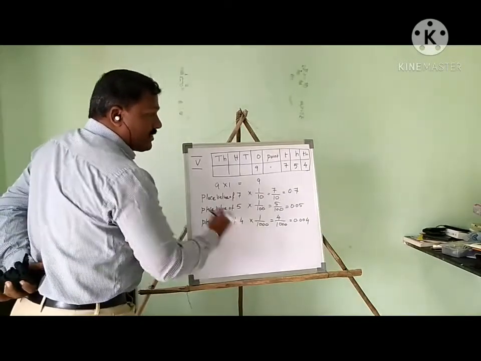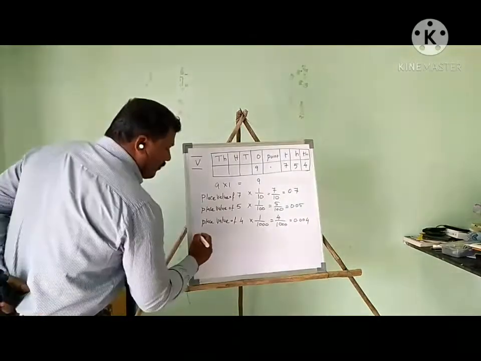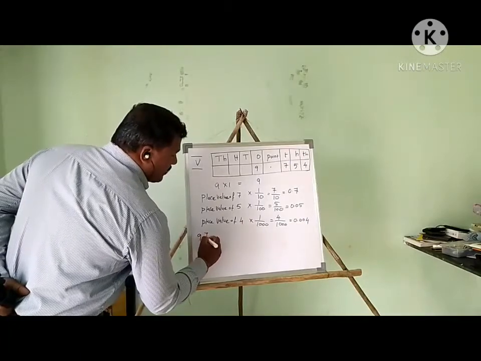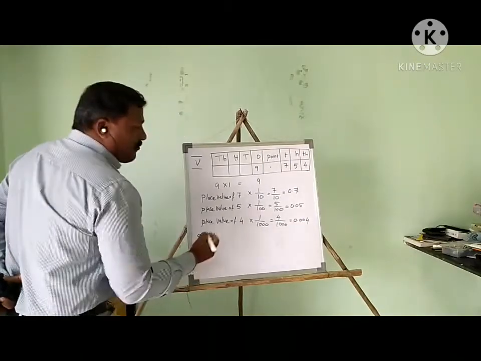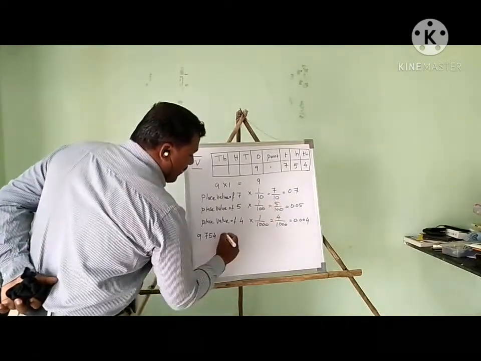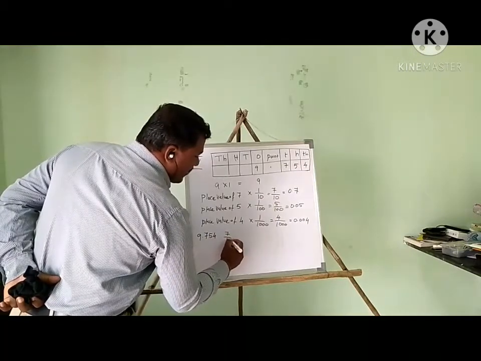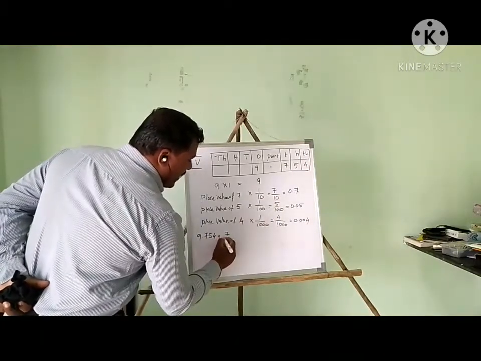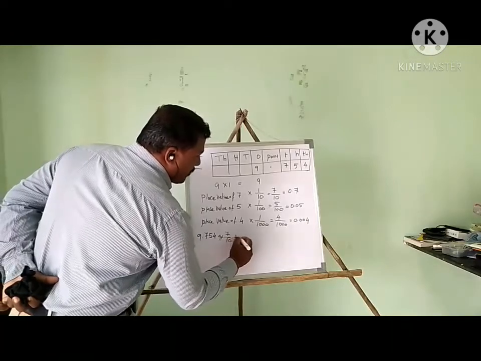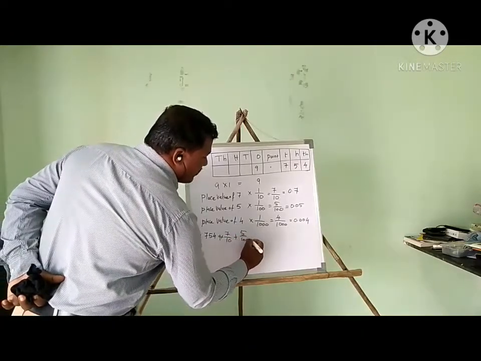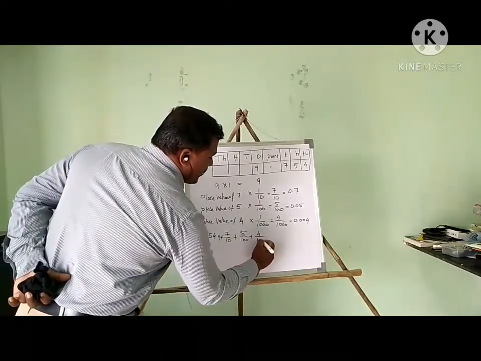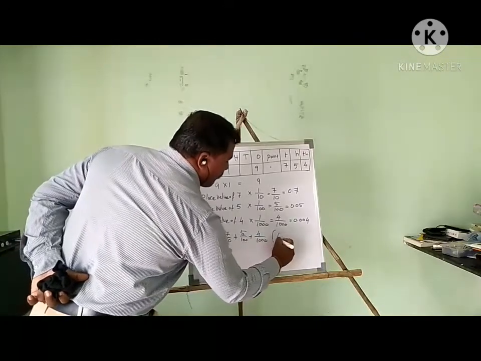If you look at this, the fractions, it means decimal fraction. 9.754: the fraction is 9 plus 7 by 10 plus 5 by 100 plus 4 by 1000.